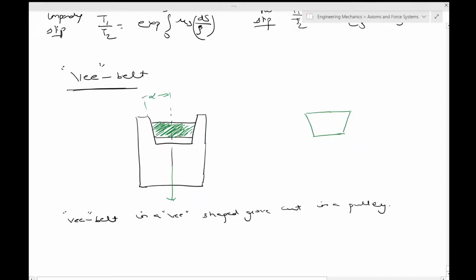So you have this semi-vertex angle as alpha.